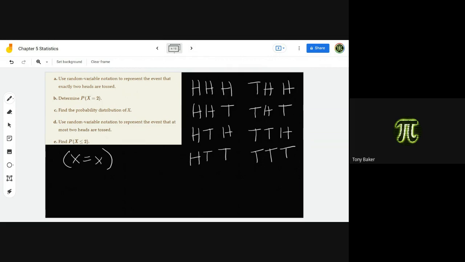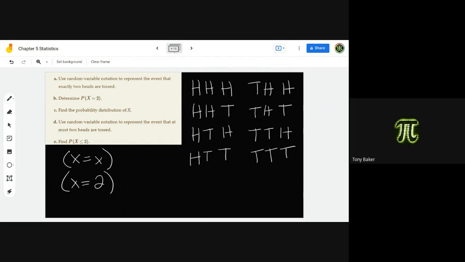So since it's two heads, that's going to be x equals 2. So notice how now we've taken a qualitative thing with heads and tails and made it quantitative. Now we're only looking at how many heads have occurred. So we want to know what's the random variable notation for two heads. And that would be x equals 2.